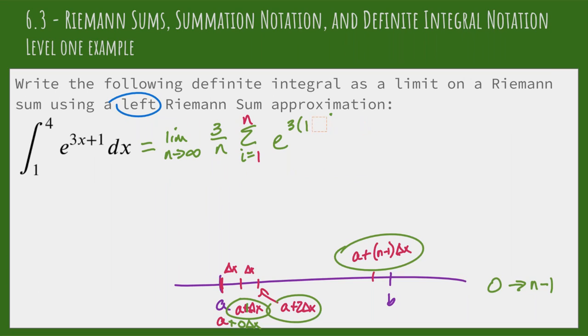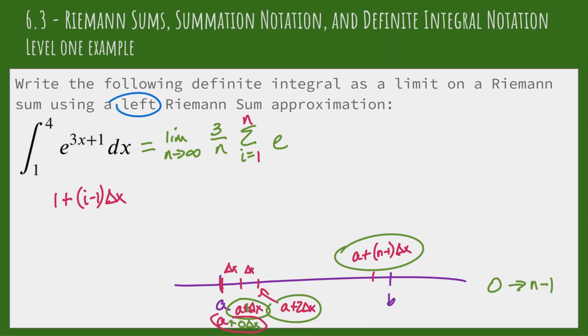So the idea here then is what we're plugging in for x, these things down here, we still need it to start at a plus 0 delta x. So what I'm going to plug in for x is going to be a, which is 1, plus, now to make the i into a 0, since i is starting at 1, I'm just going to do i minus 1. So i minus 1 times delta x.